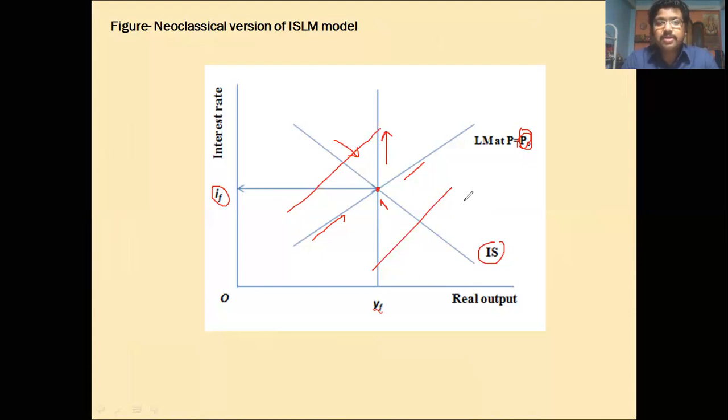These are the fundamental differences between the Keynesian version of the IS-LM model and the neoclassical version of the IS-LM model. So I hope you got the point and you enjoyed this lecture, and that you have some knowledge of this matter.